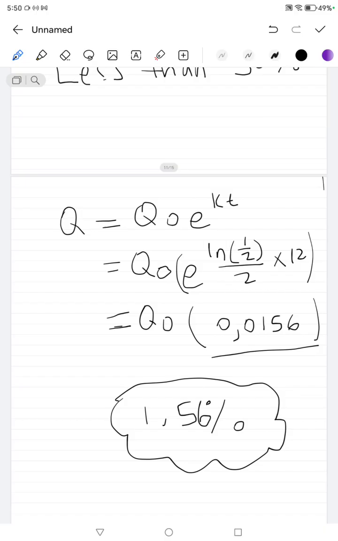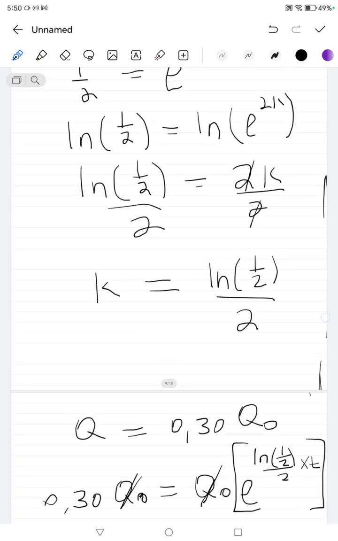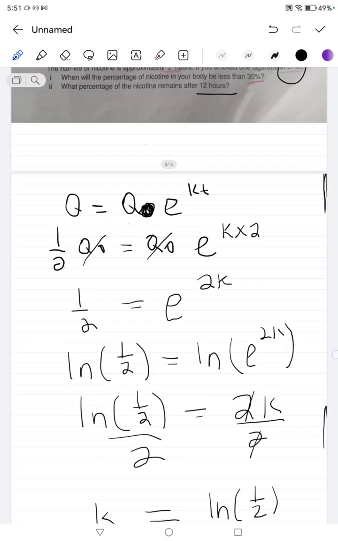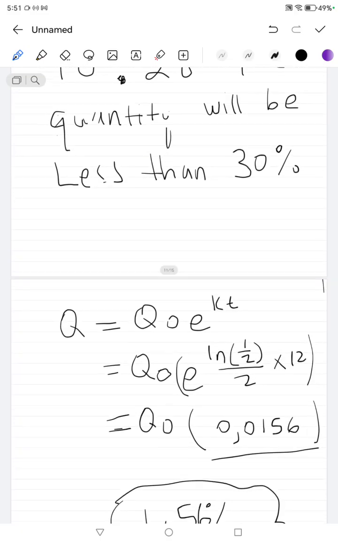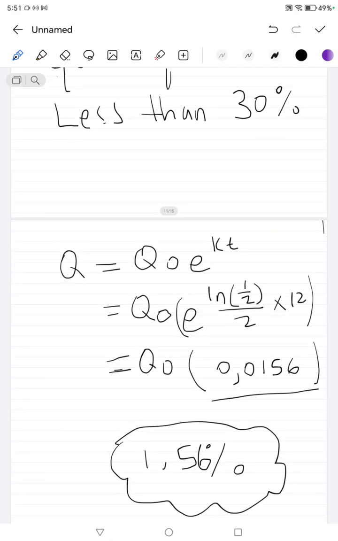So yeah, you're going to go and check that. They're saying what percentage of the nicotine remains after 12 hours. Then you have your 1.56. Remember, you're going to do your conclusion that after the 12 hours you get 1.56 percent that remains in the plate.